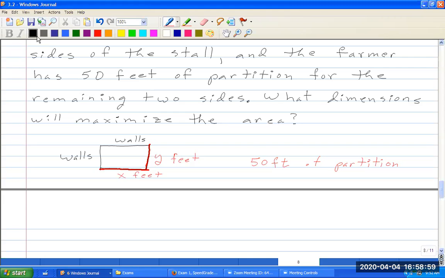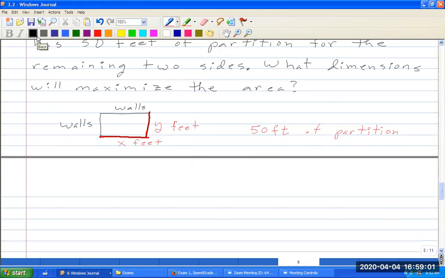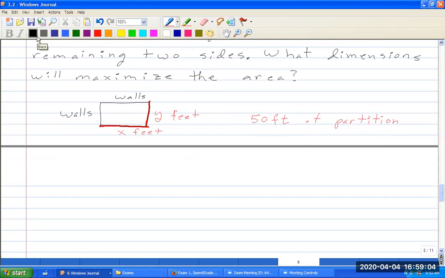So I want to maximize the area. Well, this is a rectangle. The area of a rectangle is just length times width, so xy.